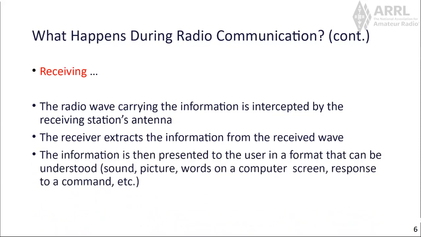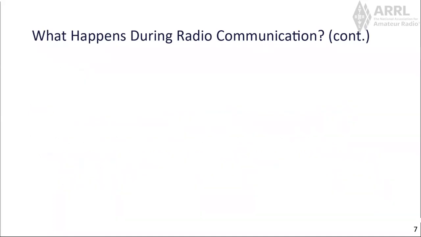The information is then presented to the user in a format that can be understood: sound, picture, words on a computer screen, response to a command. You saw in my previous station with the computer sitting there, that computer screen showed the software running that program, and the information that it extracted from the radio signal. That's what you saw on the computer screen. If you were listening to an AM station, then you hear voices, music, and things like that.